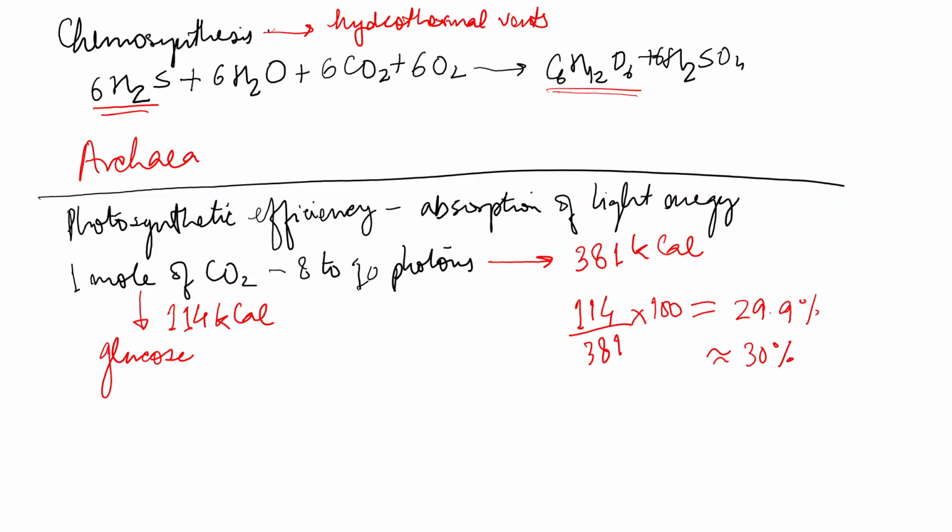So you can see that theoretically only 30% of the available light energy is being used in photosynthesis, right? So you can understand now that had the entire energy been used, then what would have been the photosynthetic efficiency?